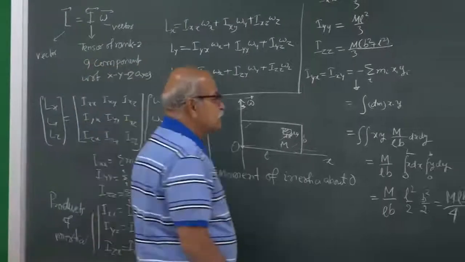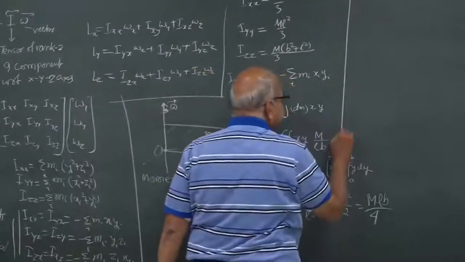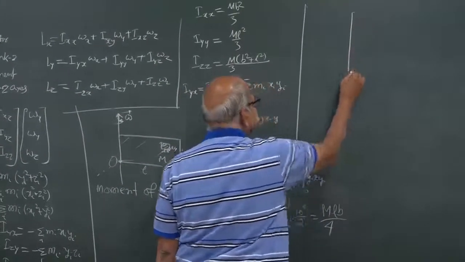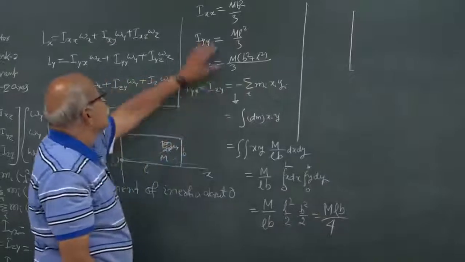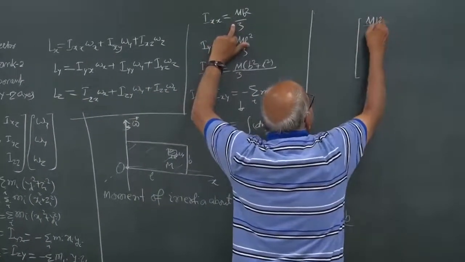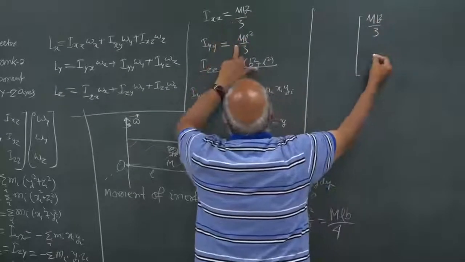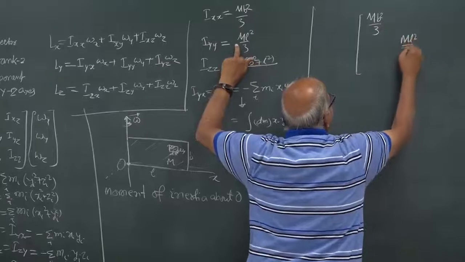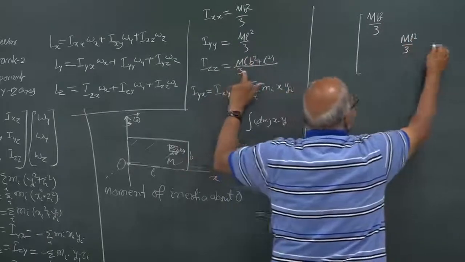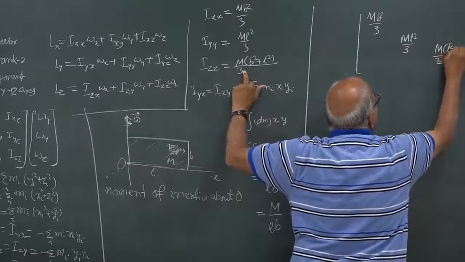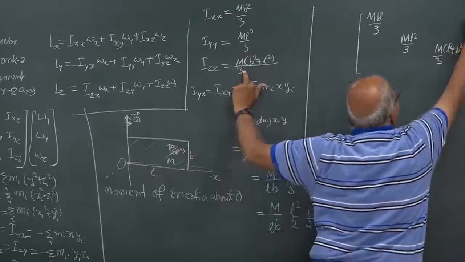So, let me write the moment of inertia tensor. That moment of inertia tensor is I xx, here m b square by 3, I yy I have to write here, m L square by 3, and I zz I have to write here, m by 3 times L square plus b square.